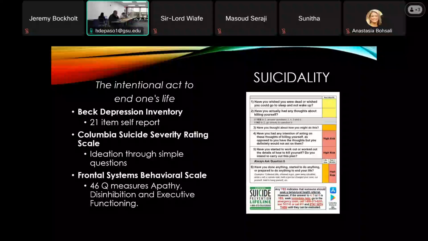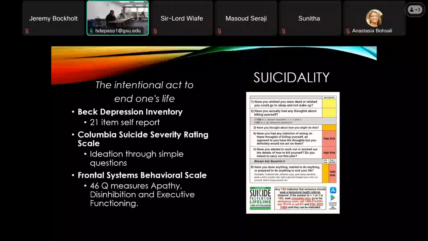Next, we're going to talk about the clinical notion that we're discerning here, which is suicidality, defined, because it's a complex notion, as the intentional act to end one's life. This can be measured in multiple ways. I think the way that the PREDICT data measured this was through the Beck Depression Inventory, which is a 21-item self-report assessment of your well-being to indicate multifaceted scales of depression.